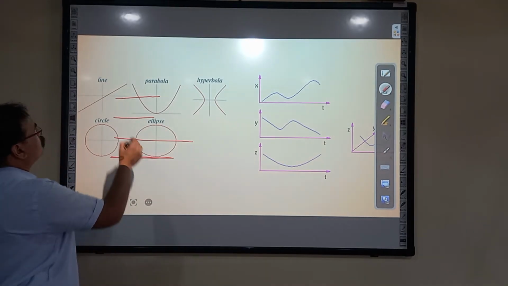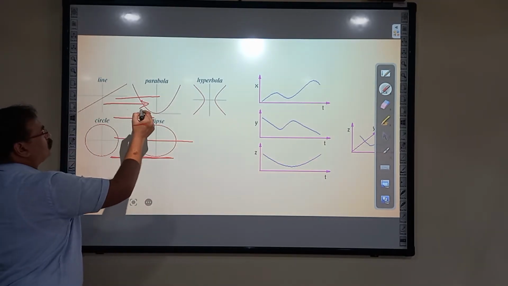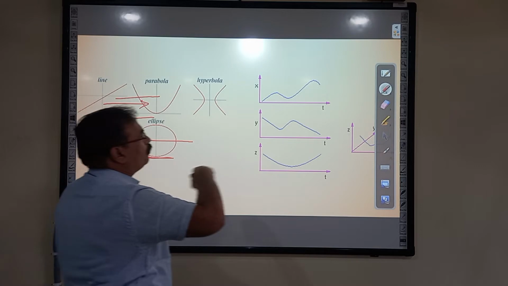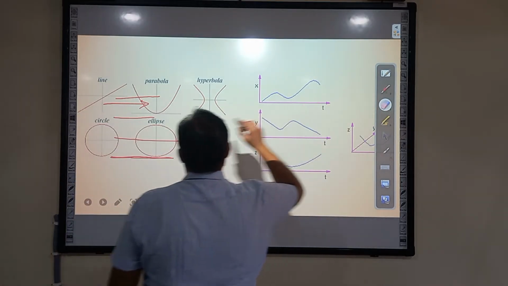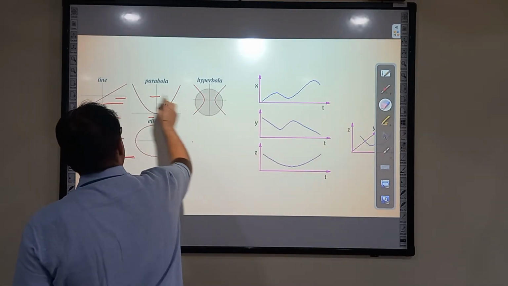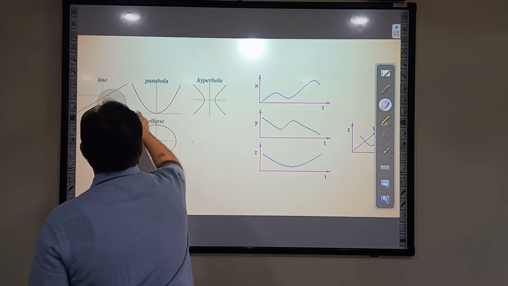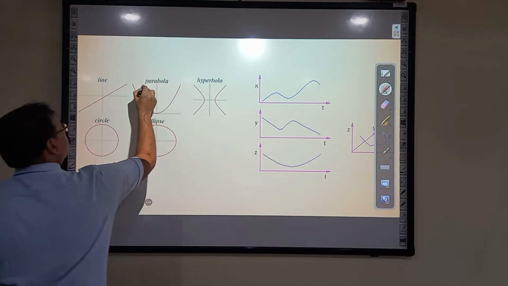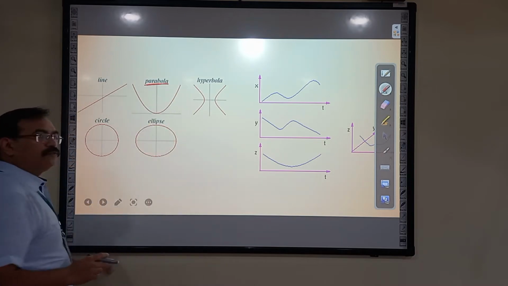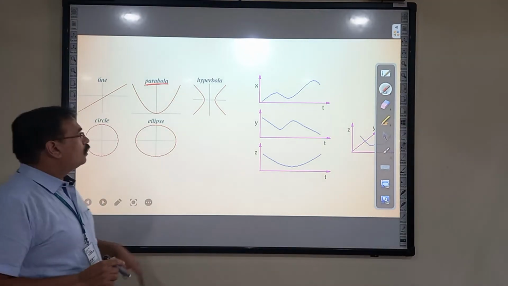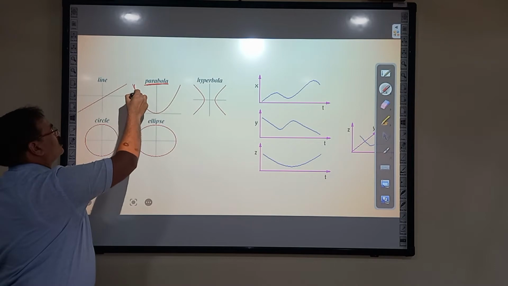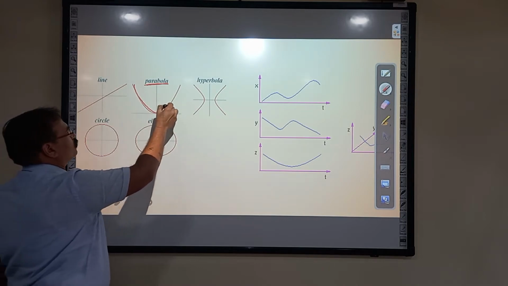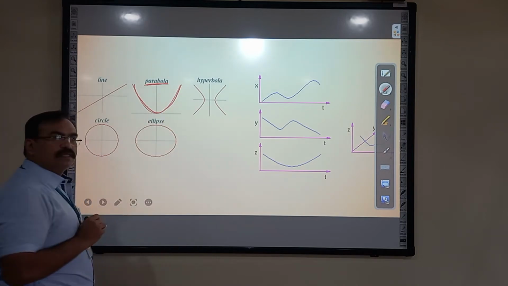But if that line gets changed to a parabola, it is also a set of points. It is defined with a certain equation. Parabola has an equation, but it is a curve. So we are going to consider this as a curve.